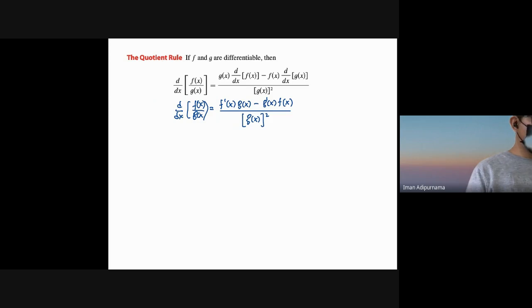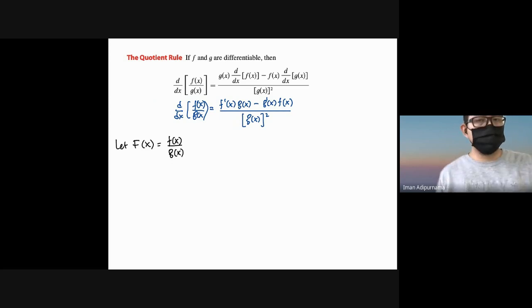Okay. So start with f, and we can start with our f over g, for the quotient expression, and then we can start writing the limit definition for the first derivative.